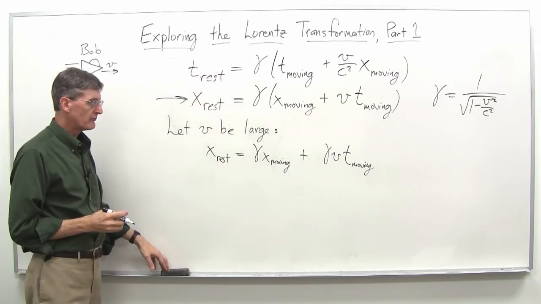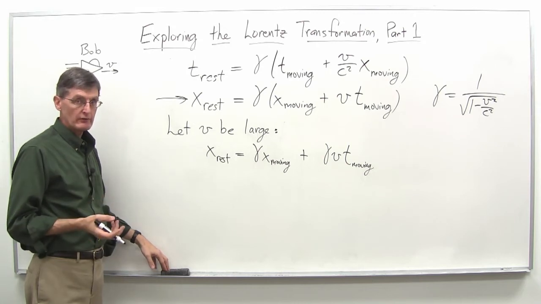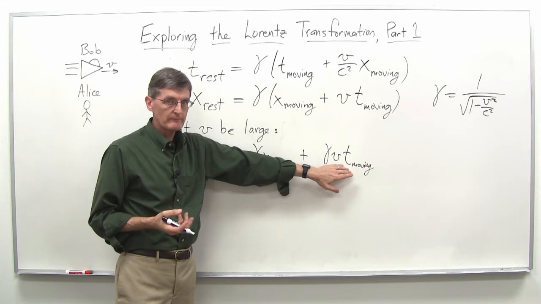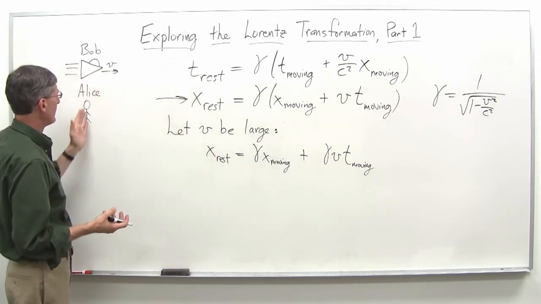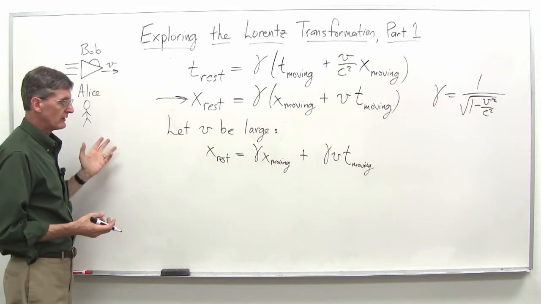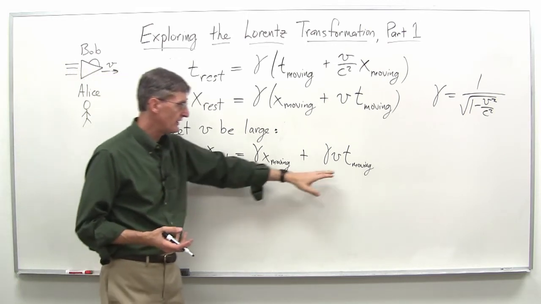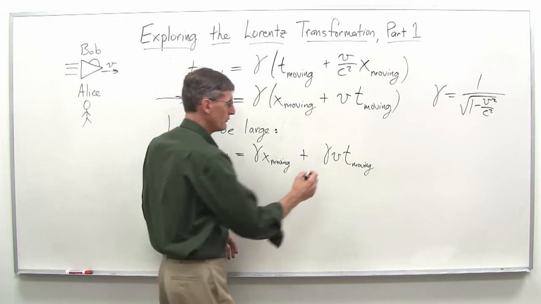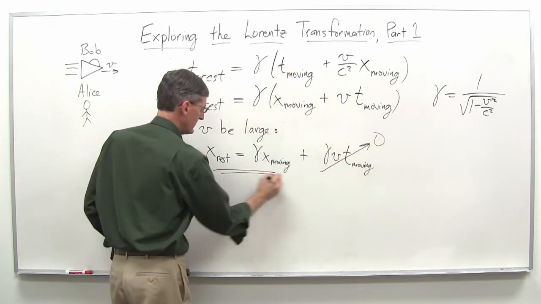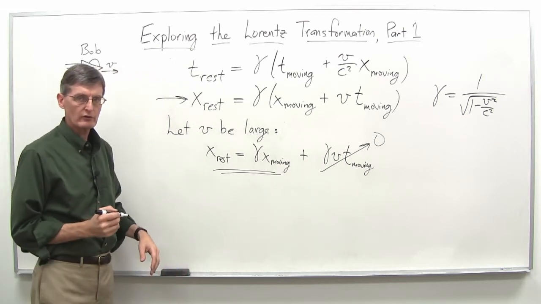And in fact, if Bob is measuring this at his time t equals 0, and we also assume that they're right together at t equals 0, Bob is just passing by Alice at t equals 0. So if we're measuring this at t equals 0 for Bob, t moving equals 0, then this term goes to 0, and look what we're left with here. That's our length contraction equation.